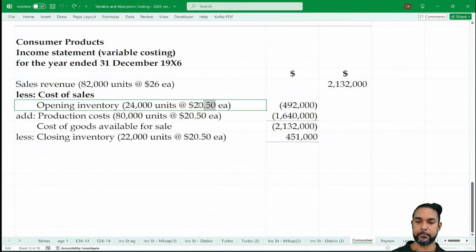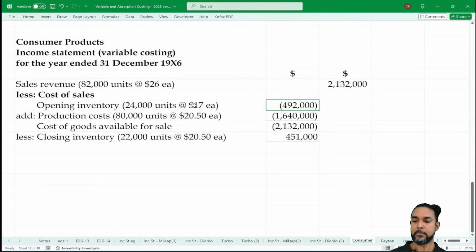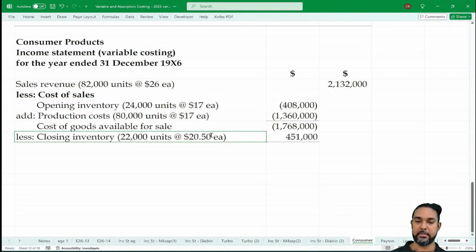So minus 24 by 17. We're going to change this to 17 as well. Cost of goods available for sale, and then 22 by 17 again. Where is that 82 in production cost?